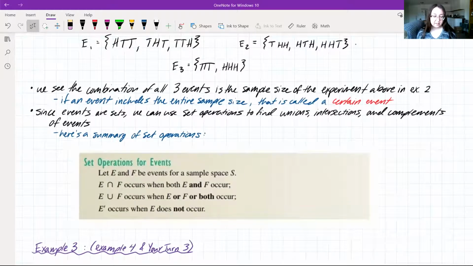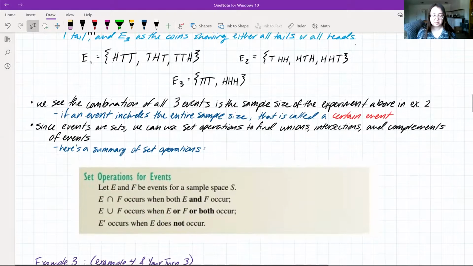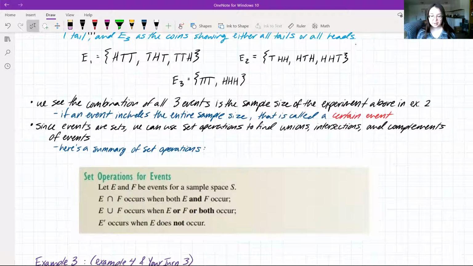So we see that the combination of all 3 events is our entire sample size for the example we just did. Then if an event includes the entire sample size, that is called a certain event.